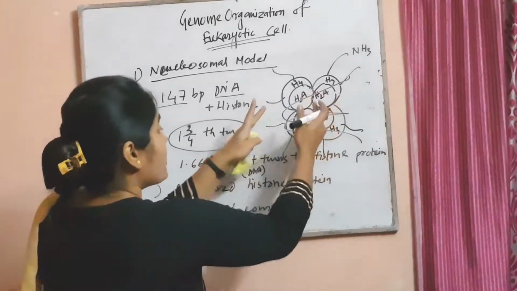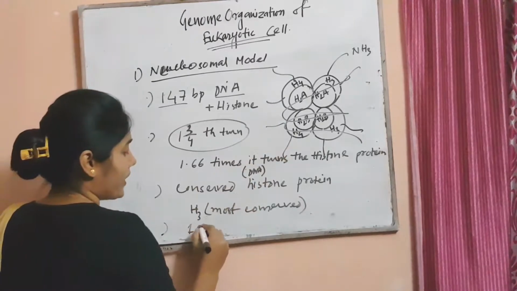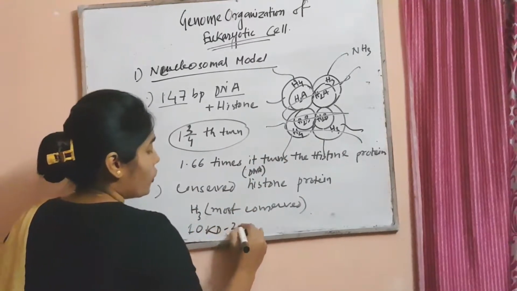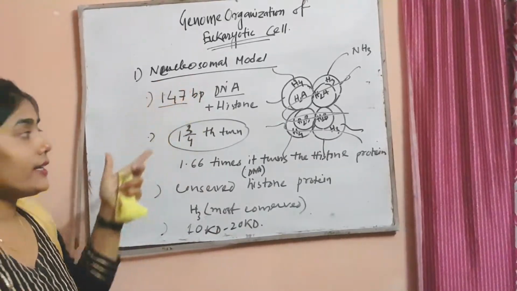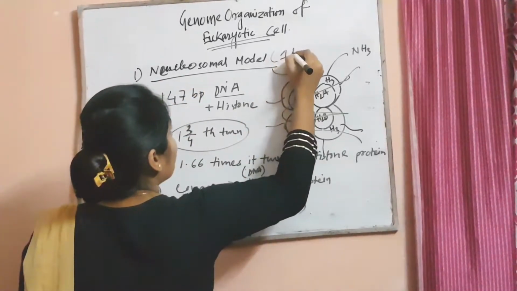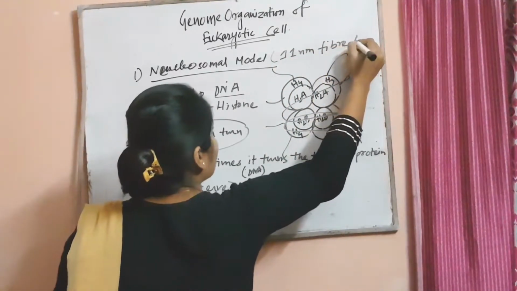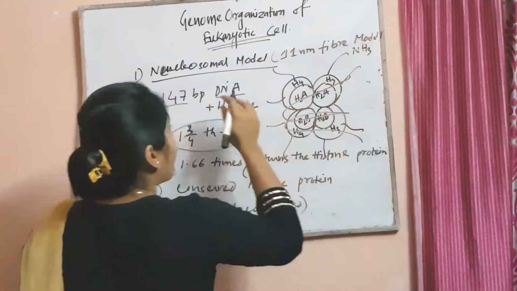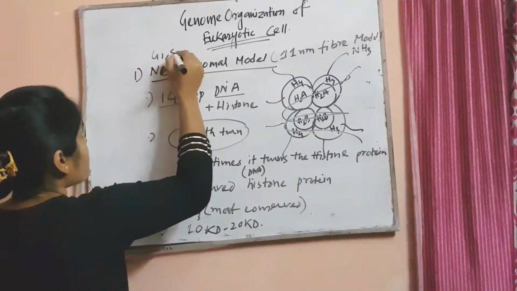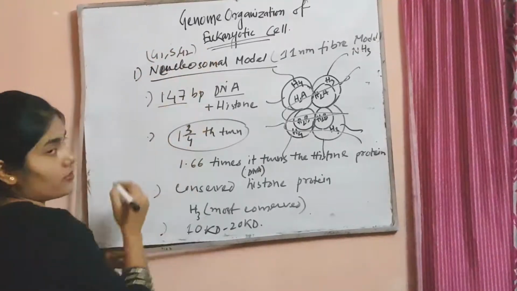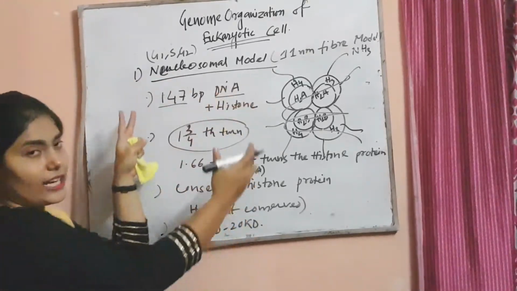And we have to know about the histone protein molecular weight, which is about 10 kilodalton to 20 kilodalton. And this nucleosomal model is the 11 nanometer fiber model. We can see that at G1 phase, S phase and G2 phase. These are all the characteristics of the nucleosomal model, and that's all.